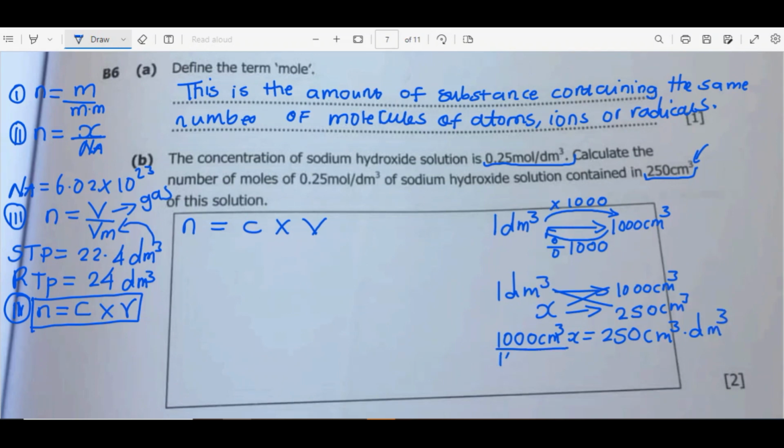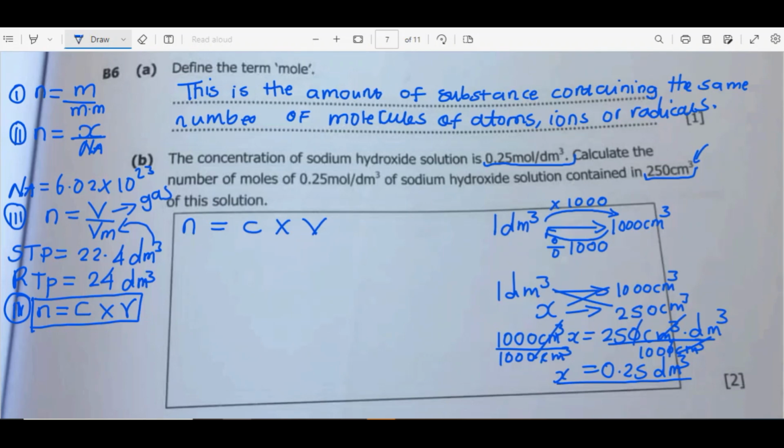You divide by 1,000 centimeters cubed. Centimeter cubed cancels, the zero cancels. 25 divided by 100 is 0.25 decimeter cubed. To make it simple, if you are converting from centimeter cubed to decimeter cubed, divide by 1,000.